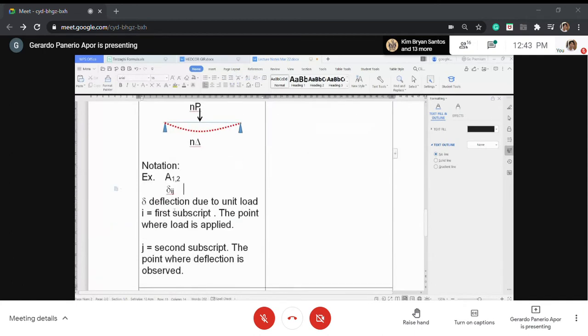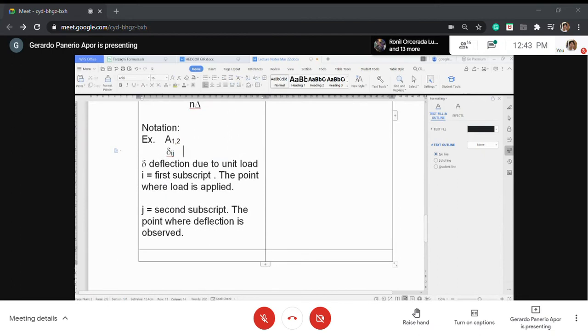But symbols are symbols. They could be arbitrary sometimes, but we are just following some sign conventions and notation in other books. So most books use small delta as the deflection for unit load and big delta as the deflection for real loading, the applied loading. Applied loading is different from unit load because unit load is just unit 1.